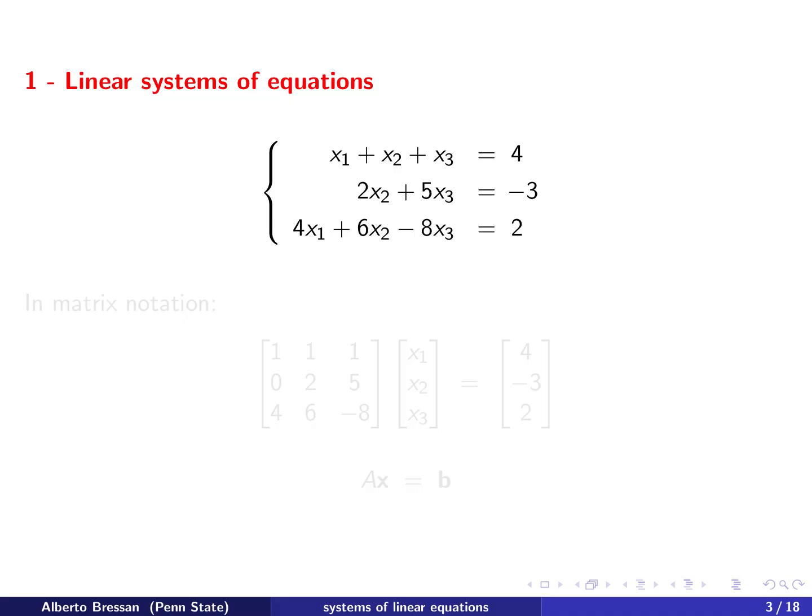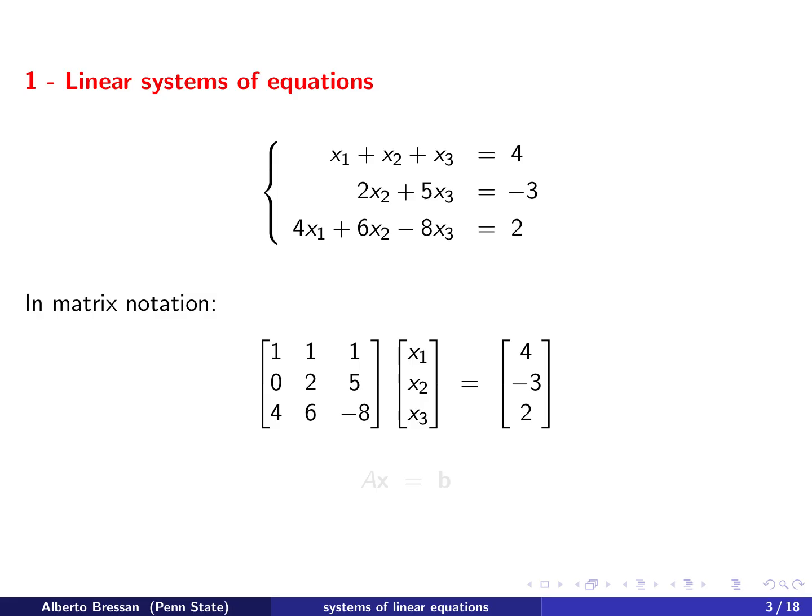If you look at these equations, their terms add up to equal some number. Each of these terms has the form of an unknown, x1, x2, or x3, multiplied by a constant. You see all the terms are like that. If that is your equation, then this is a linear system.